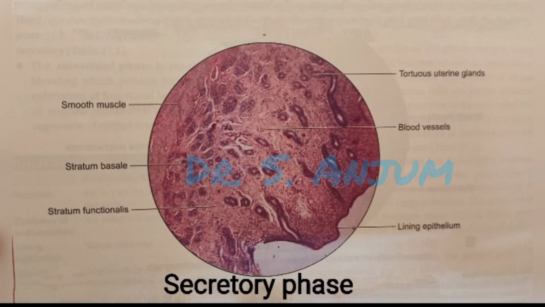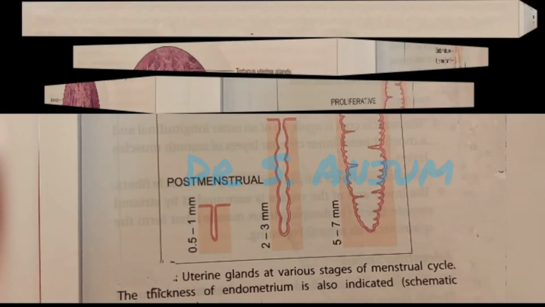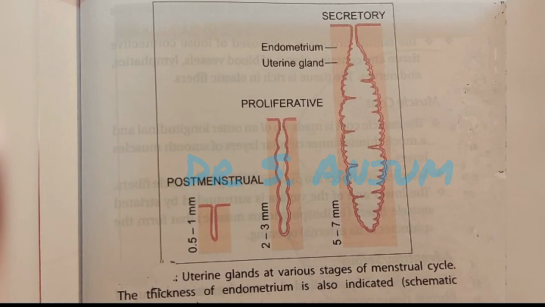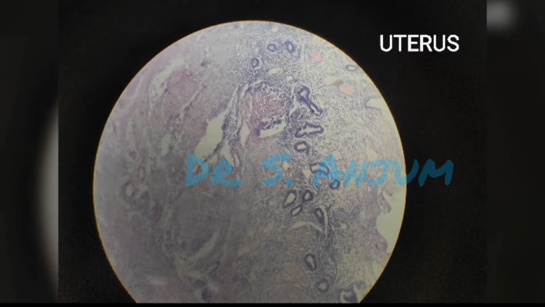The uterine glands are elongated, straight and tubular without secretion in proliferative phase, while in secretory phase the uterine glands are dilated, tortuous and have sawtooth appearance with watery secretion. The proliferative phase is under the influence of estrogen hormone, while the secretory phase is under the influence of progesterone hormone.